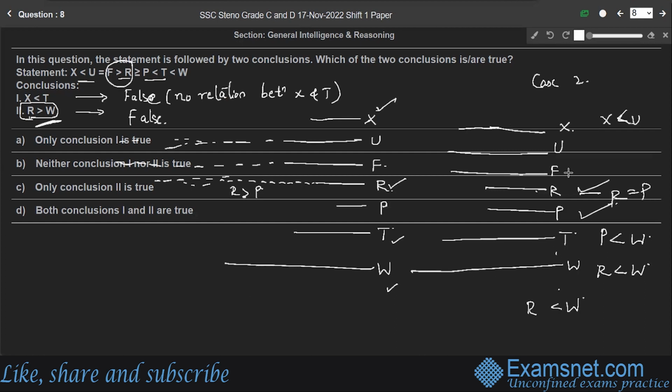In the first case, R can be greater than W. Therefore, we cannot say R is strictly greater than W, which is false, but it is possible in the first case. Therefore, first and second conclusions are false. Therefore, neither conclusion 1 nor 2 is true. Option B is the right answer.